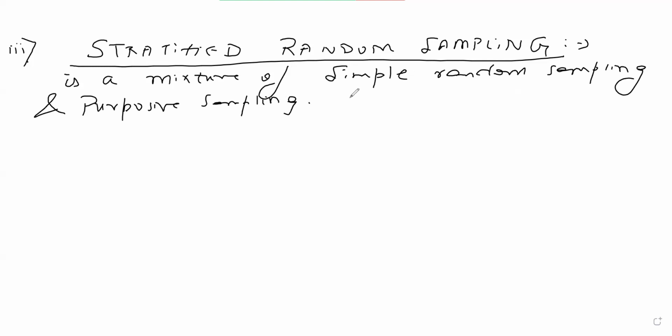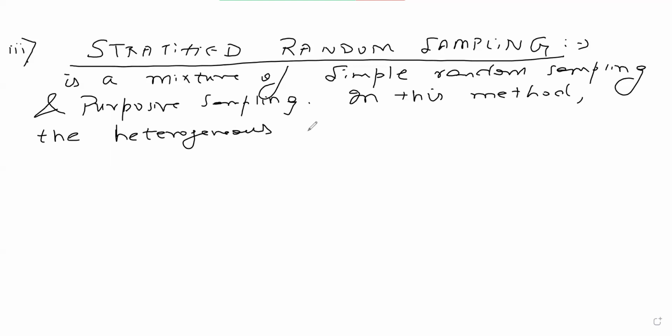So I can say that in this method, the heterogeneous population, I hope students know what is meant by heterogeneous. Heterogeneous means the population itself consists of observations which are very different from each other.